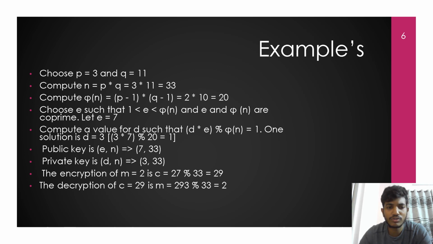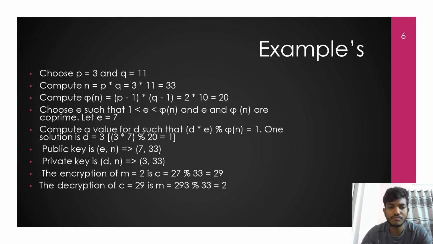Then we choose e such that e is greater than 1 and less than phi of n, and e and phi of n are coprime. Let e be 7. Since phi of n is 20, e equal to 7 is greater than 1 and also less than 20.